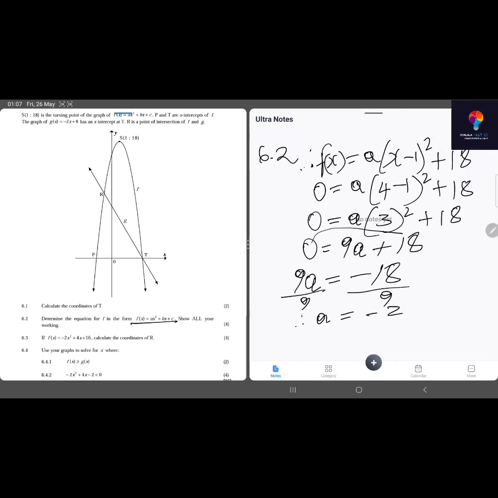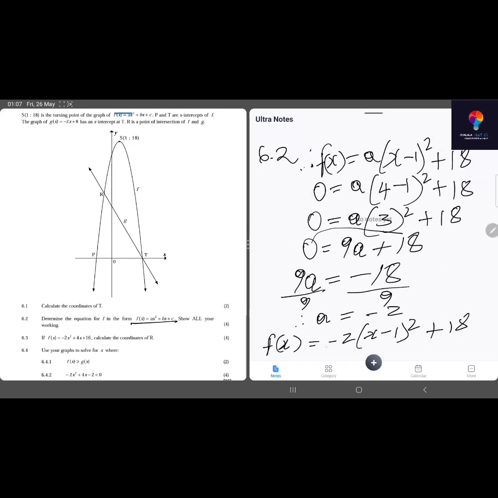So the graph of f of x is going to be minus 2 times (x minus 1) to the power 2 plus 18.